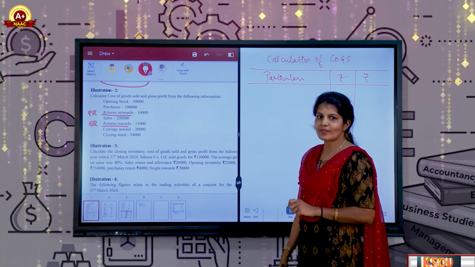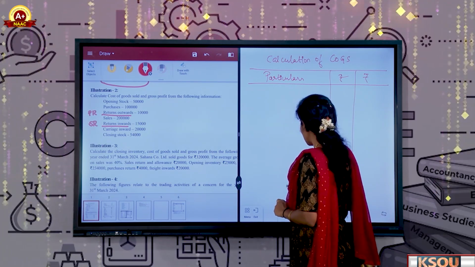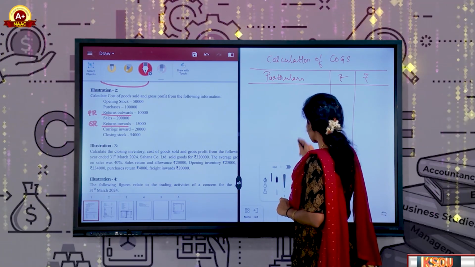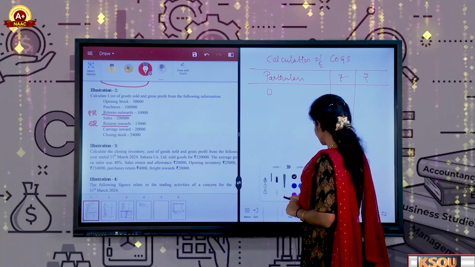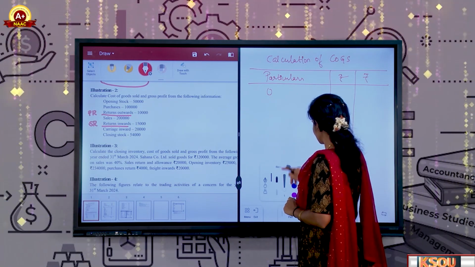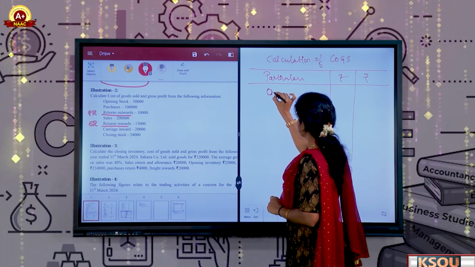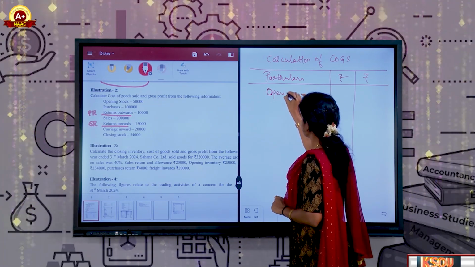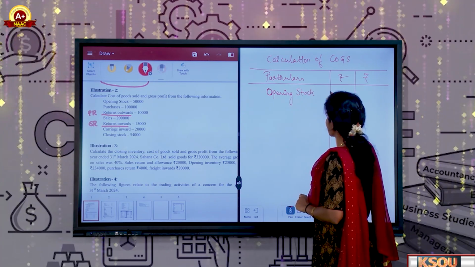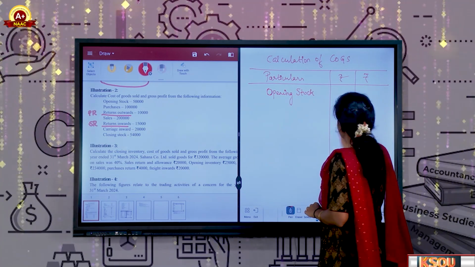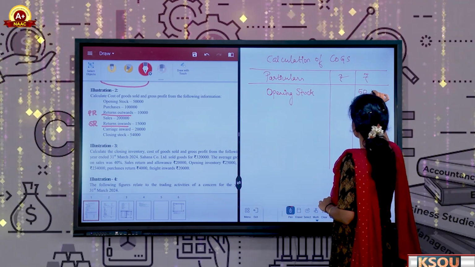So first, what do we have to take? The opening stock. Let us take the opening stock first. Okay, opening stock. What is the amount of opening stock? It is 50,000.